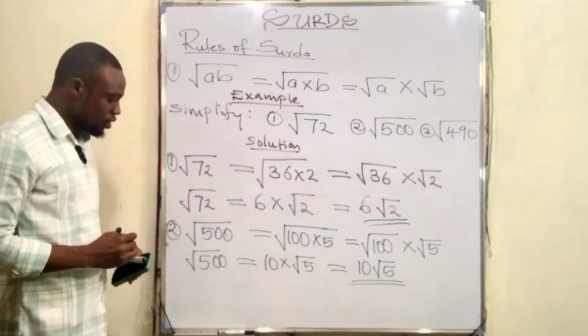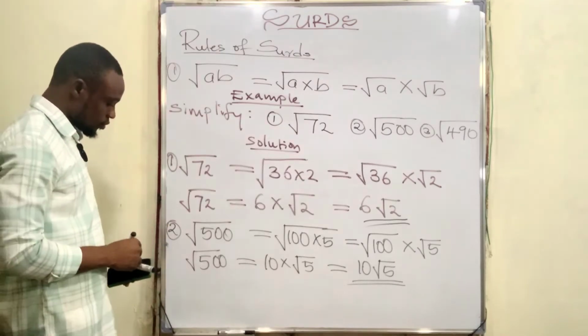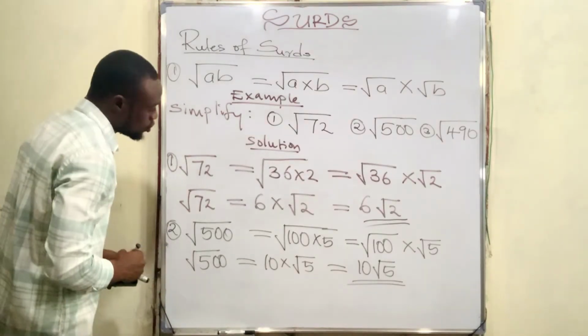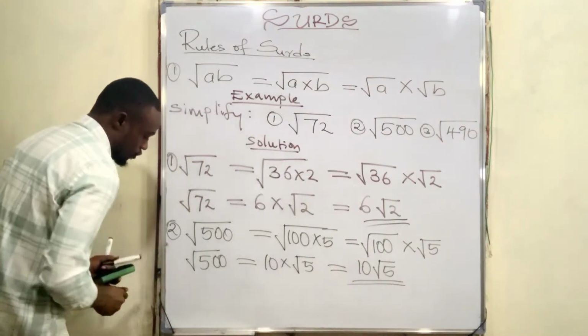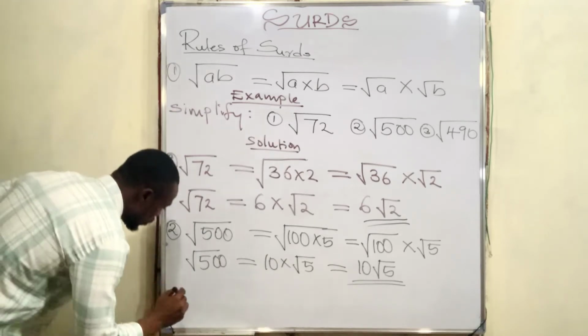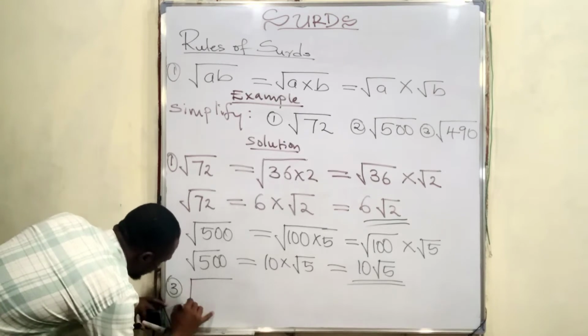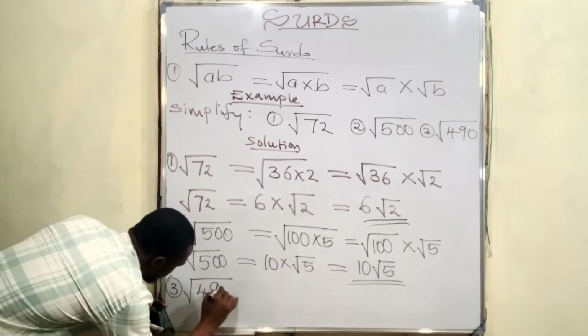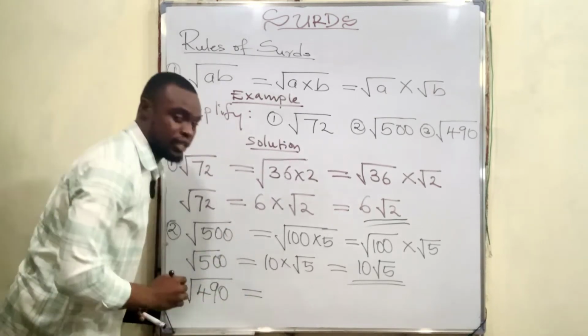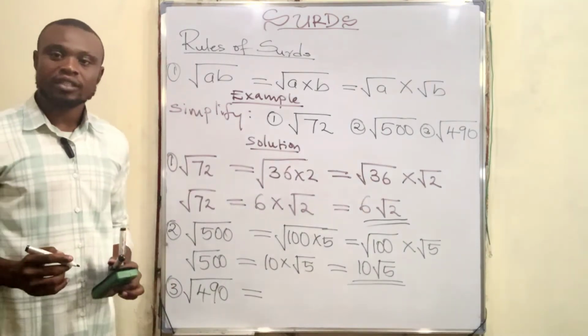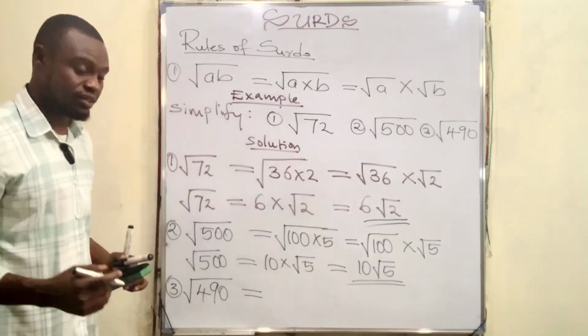Now the last one, which is root 490. So we have the root of 490. Now 490 is the same thing as 49 times 10, right?